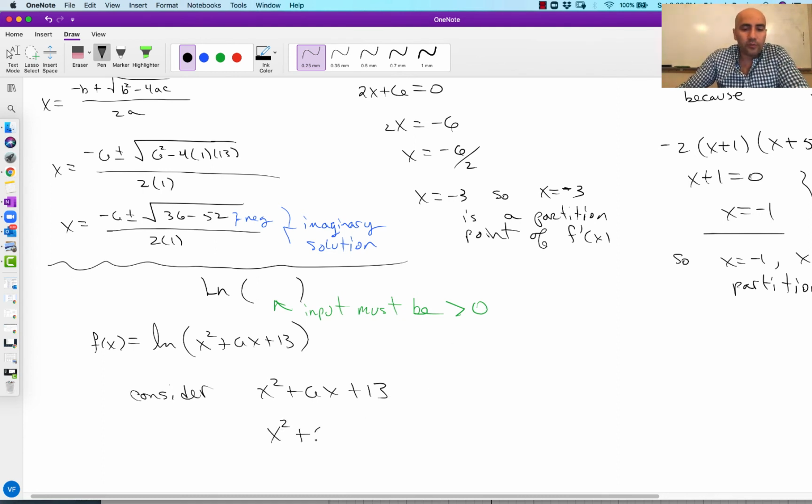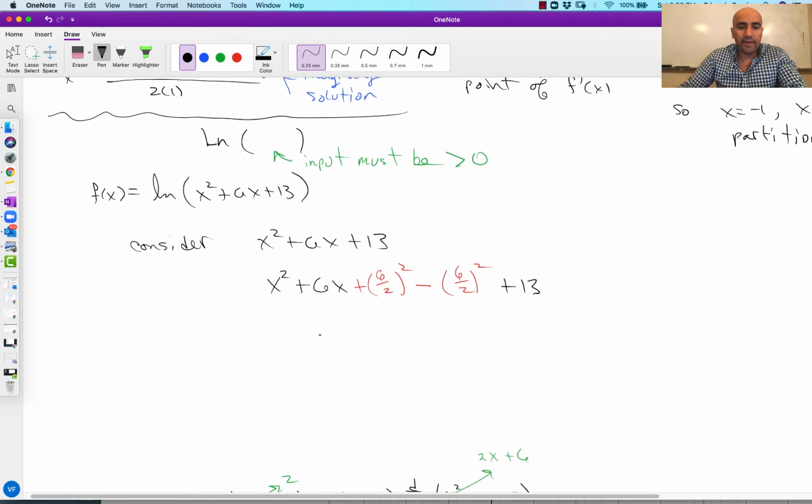We get x squared plus 6x. And remember, with completing the square, we want to add and subtract the perfect number. Luckily, there's a nice 1 in front, so we just have to add and subtract this number divided by 2, squared. That's the formula, right? 6 divided by 2, squared, is the number we add and subtract, plus 13.